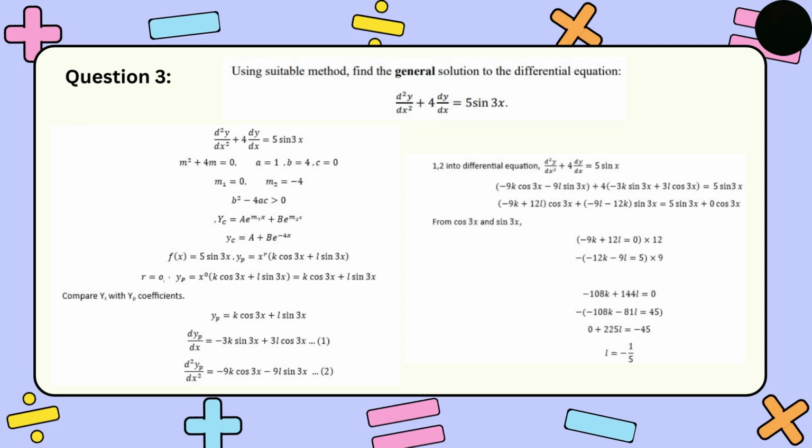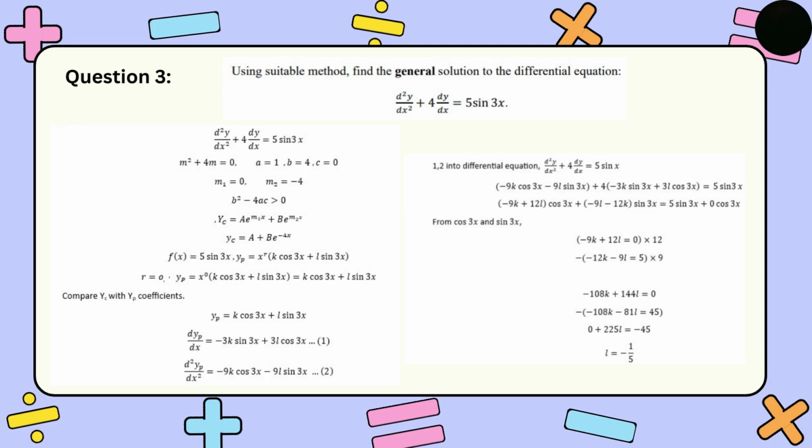We got the result more than 0. And then we use yc equal to a exponent m1x plus b exponent m2x, and then substitute m1 and m2 into the equation, which we got yc equal to a plus b exponent negative 4x.